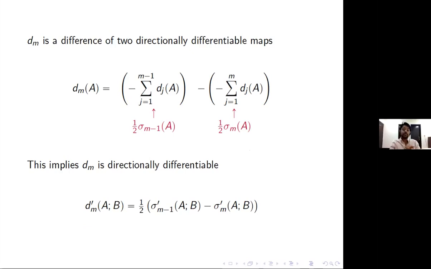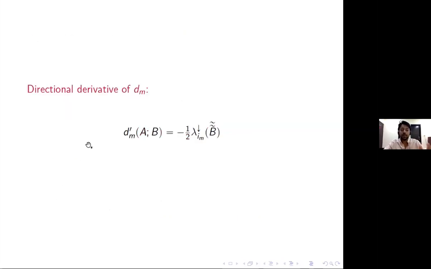By definition, the difference of two directionally differentiable maps is also directionally differentiable, and one can compute the directional derivative of this dm using this straightforward expression. So the directional derivative of dm is nothing but the difference of the directional derivatives of these two functions. And because we already know the expressions for these directional derivatives, a direct calculation gives us the directional derivative expression for the mth symplectic eigenvalue to be this expression.